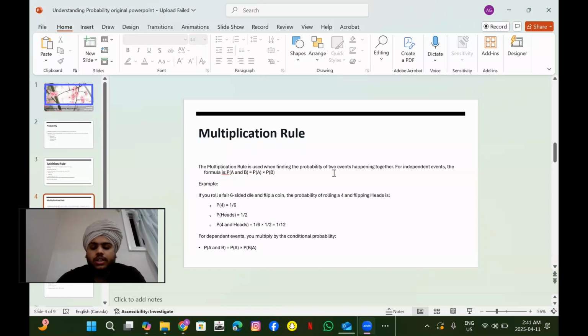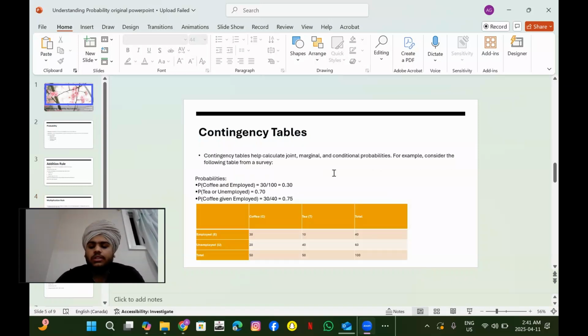Now, let us move on to contingency tables. These tables help us visualize joint, marginal, and conditional probability. For example, consider a survey conducted on beverage preferences among employed and unemployed individuals. Here is a simple table: coffee, tea, total, employed. From this table, we can calculate various probabilities.